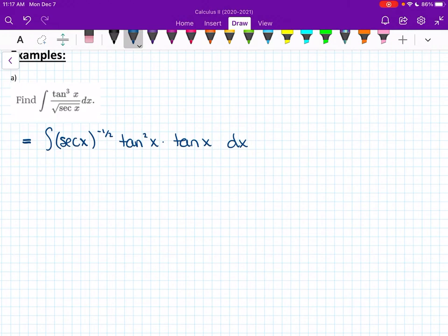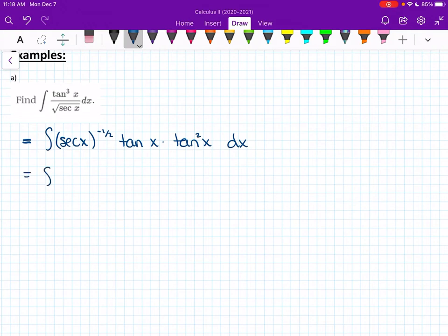The next thing I'm going to do is peel off an entire secant off of that secant to the negative 1/2.